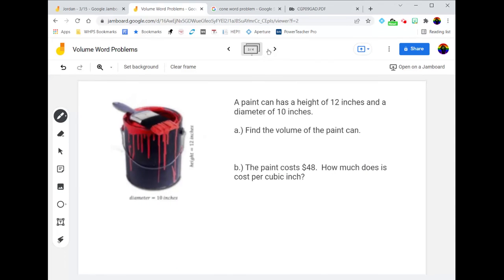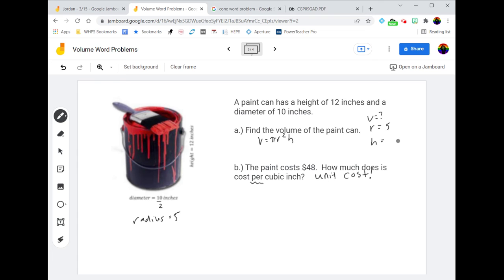The next type of problems we have is where we're going to find the unit cost. Whenever I see the word per, I know it's talking about a unit cost. First, let's find the volume of the paint can. We know it's a cylinder, so we're using the pi r squared h formula, where we don't know the volume. The radius is half the diameter, so the radius is going to be 5.